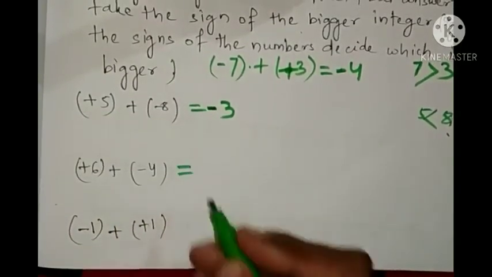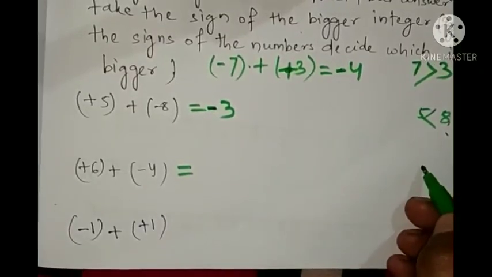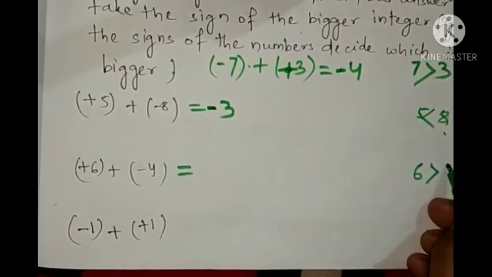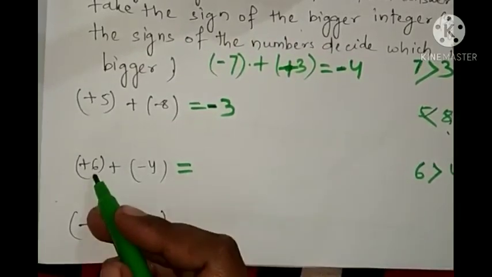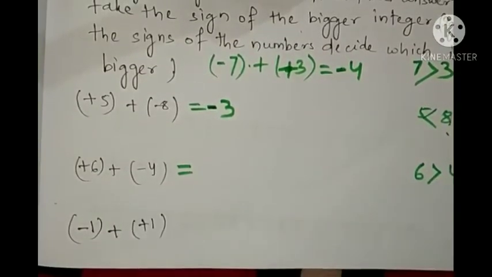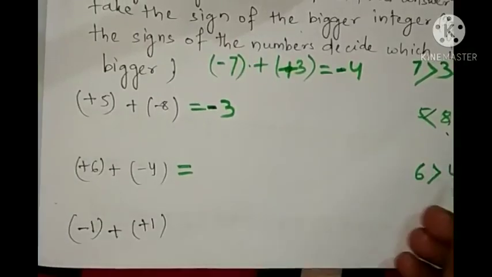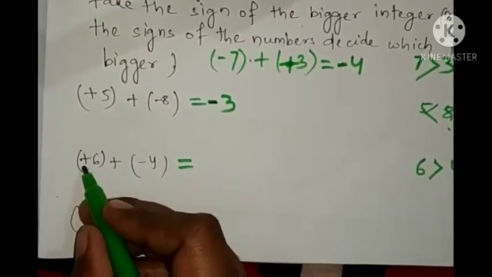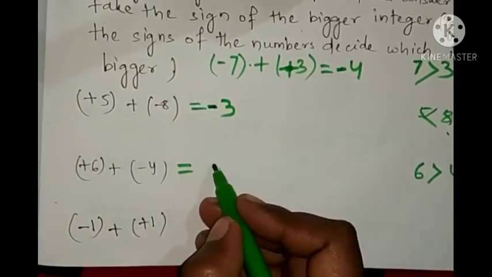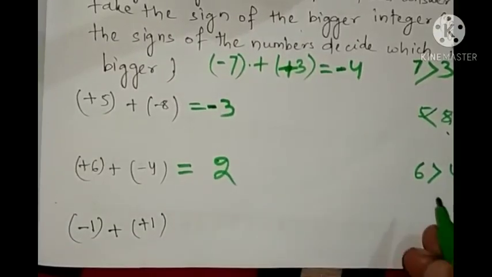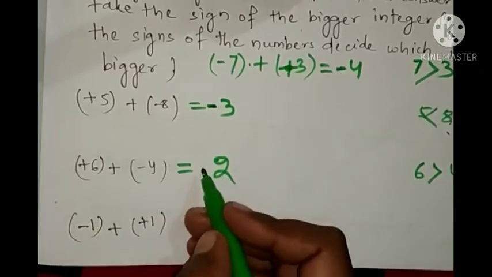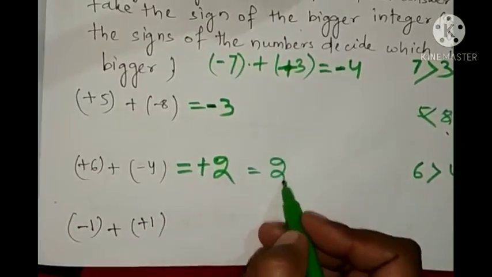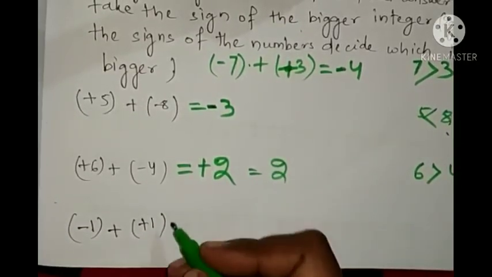Next, plus 6 plus minus 4. Which is bigger? 6 is bigger than 4. So 6 minus 4 equals 2, and the bigger number 6 has a positive sign, so the answer is plus 2, which you can simply write as 2.